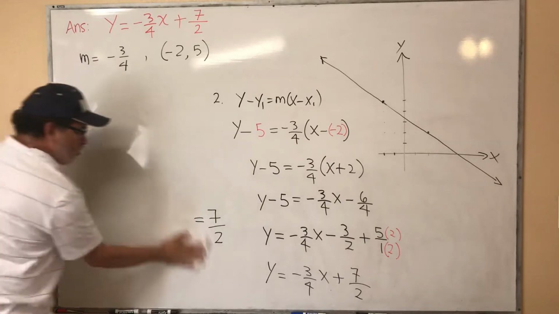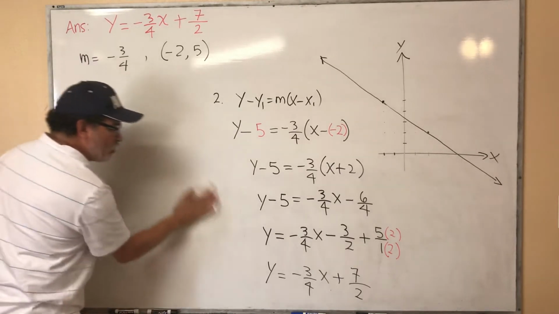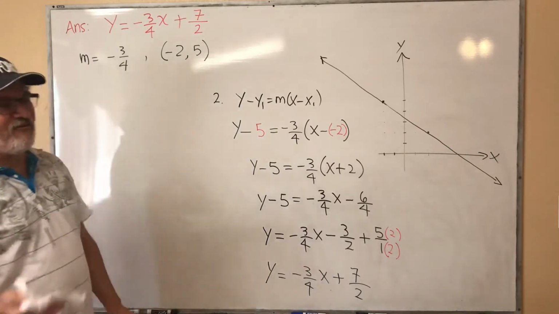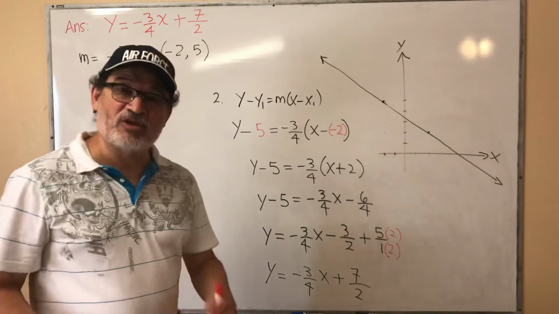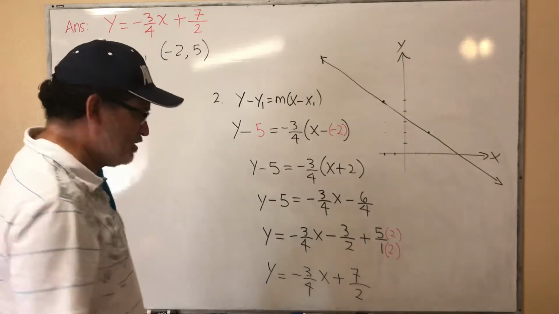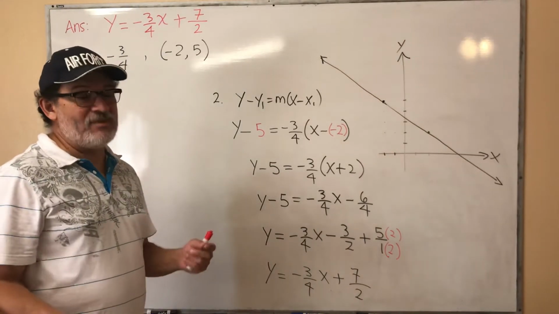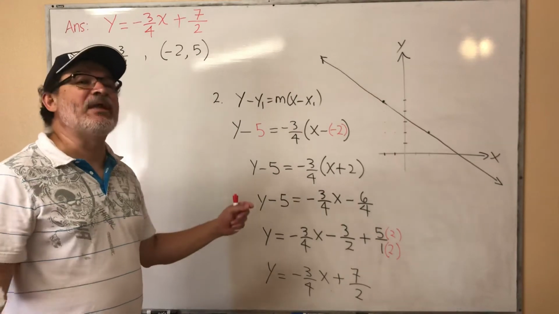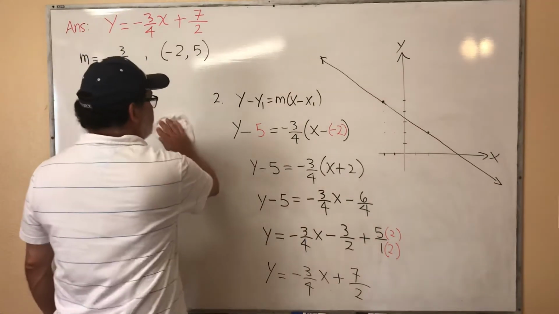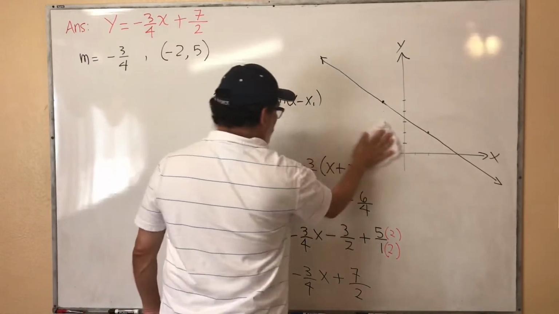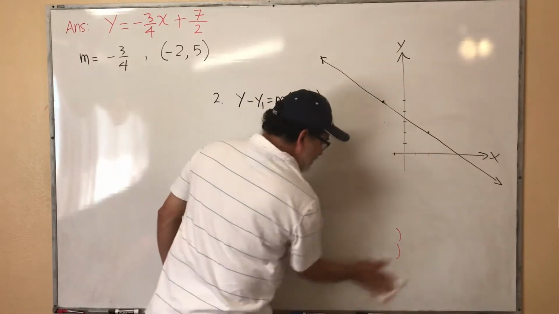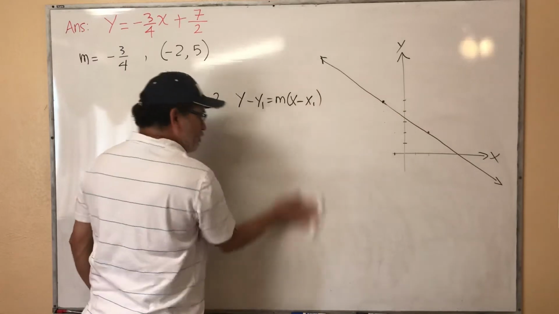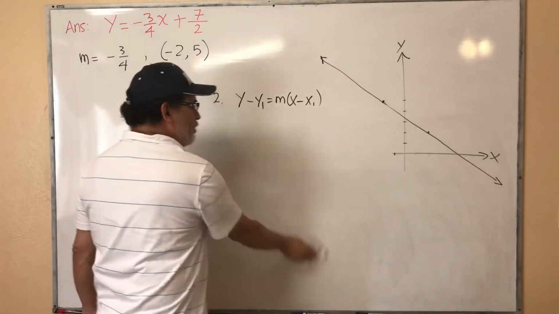Okay, so if a line comes in through the door saying, find my equation, what do you tell the line? You tell the line, give me a slope and a point. And the line says, no, I'm not going to give you a slope and a point.